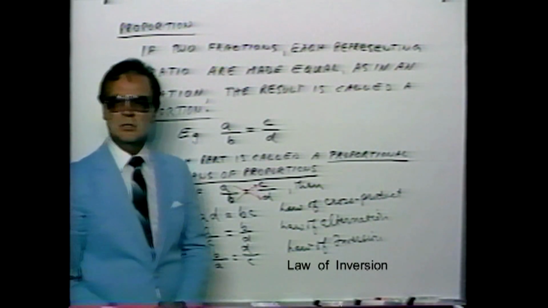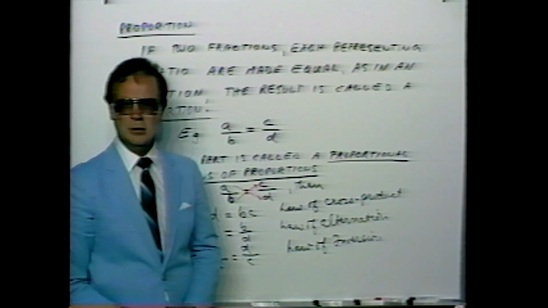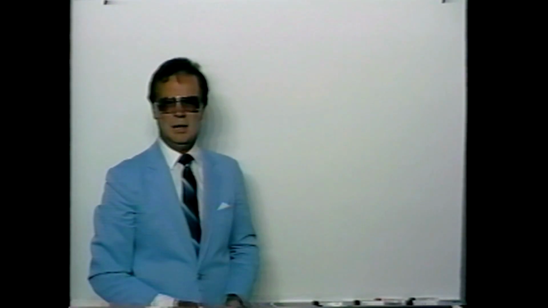There are other laws of proportions, but we will not discuss any more of them. Proportions are applied in problems when 3 proportionals are known and the 4th is to be calculated.